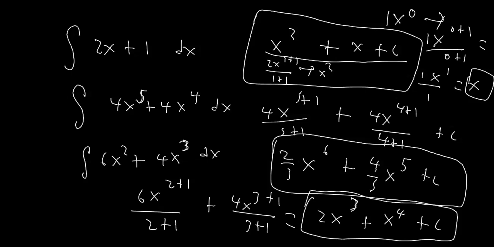Now we can actually verify that these are all correct. How? Well, let's start with the first integral up top. If you take the derivative, it would be 2 times 1, and then 2 minus 1, which would just give you 2x, plus x, right?